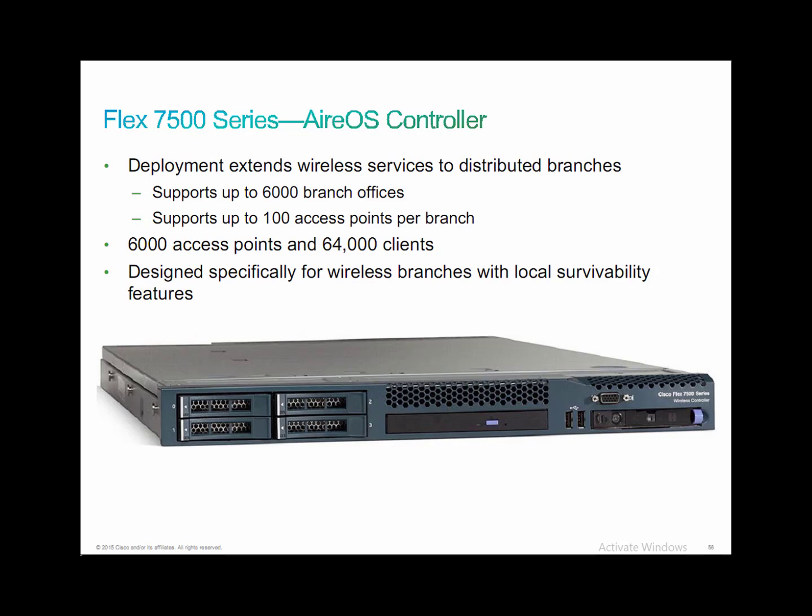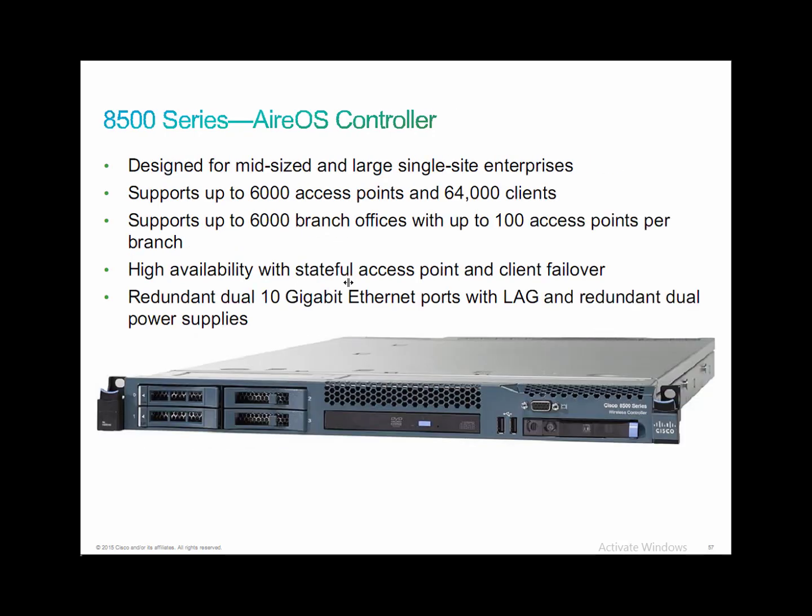The 8500 series controller looks very similar to the 7500 series controller. 6,000 access points, 64,000 clients, up to 100 APs per branch location, 2 10 gig interfaces, service port, redundant power supply, does support guest anchor functionality and link aggregation as well.